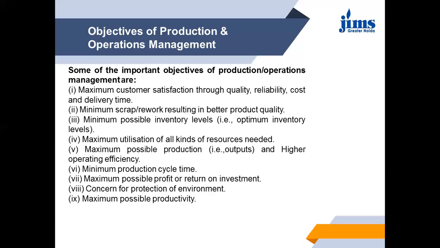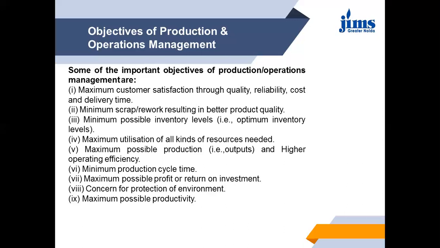Then, reducing the production cycle time. A higher production cycle time means there are some loopholes in the production processes. A longer production cycle time will lead to late deliveries in the market. Therefore, a good production and operations management system will have as one of its major objectives reducing the production cycle time.